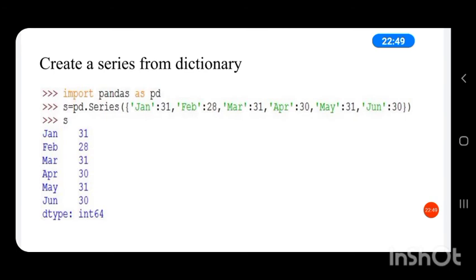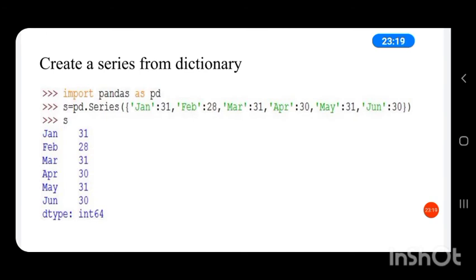So for creating a series from a dictionary, first import pandas as pd, then create a series s equal to pd.Series, then in brackets provide the parameter data as a dictionary. There is no need of a particular index, because in a dictionary there is a key and value pair, so we don't need to provide the index.